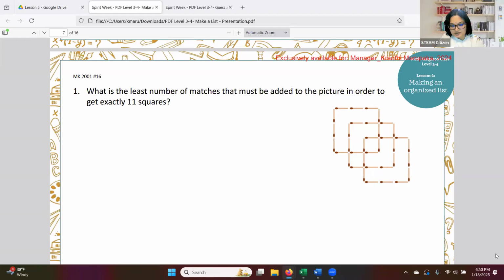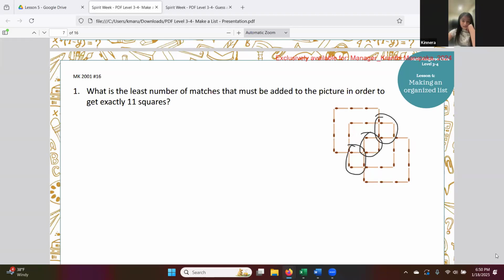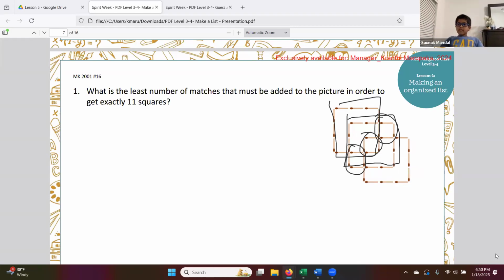Maybe highlight the 3 squares that you currently see. Yeah. And then maybe take a pen and draw the 3 squares that you see. And then I found, okay, so maybe you want to tally it on the side.